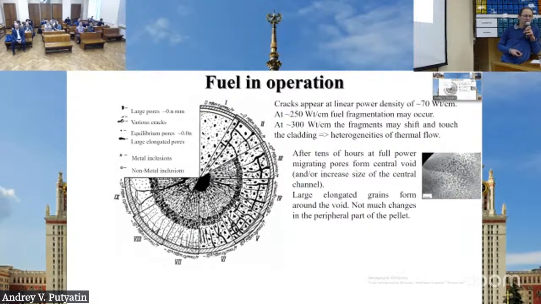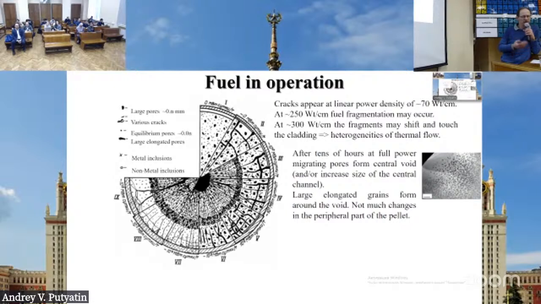Nowadays, many fuel pellets already have this central void, which increases in size during the operation. You have a very complex evolution of the shape of the grains. Also, the pores start to move in the material because of evaporation and condensation.